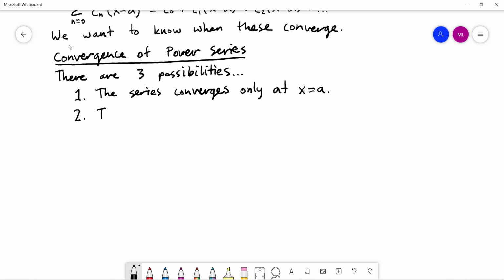So the way that we're going to phrase that is there is a real number, and we'll call this number r. It's going to be positive, and we're going to call this thing the radius of convergence, hence the use of the letter r.